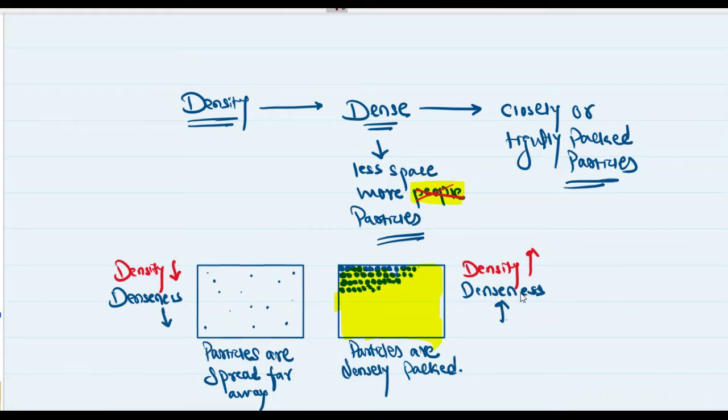Solids have the greatest density because if you take equal volume of solid, liquid and gases, solids in the same volume will have the maximum number of particles tightly packed. That means the denseness of particles in a given volume of solid will be very high as compared to liquids and gases. That means solids have higher density.